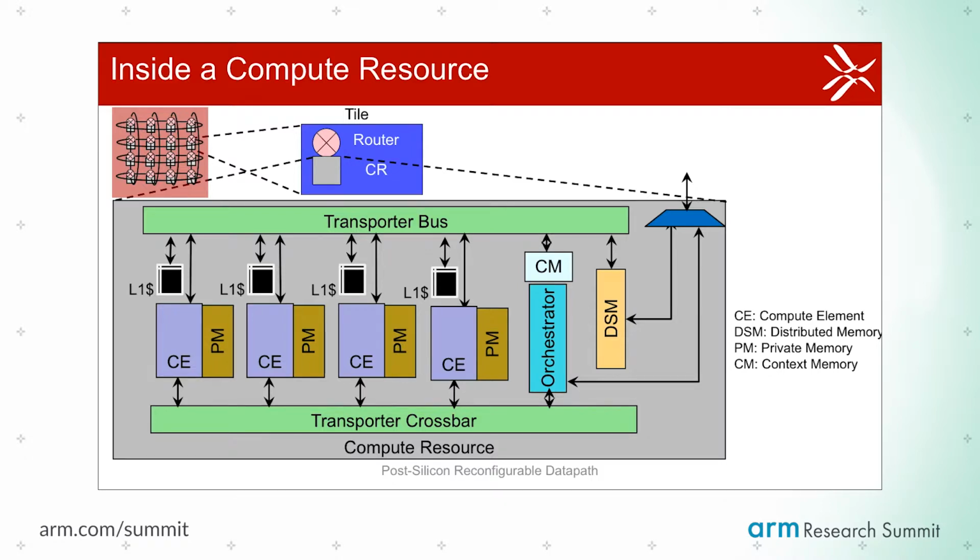Each compute resource houses a number of compute elements. Using the metadata generated by the compiler, the orchestrator housed in each compute resource manages execution of kernels. Redefine's internal memory, depicted by DSM in the figure, is distributed among all the compute resources.